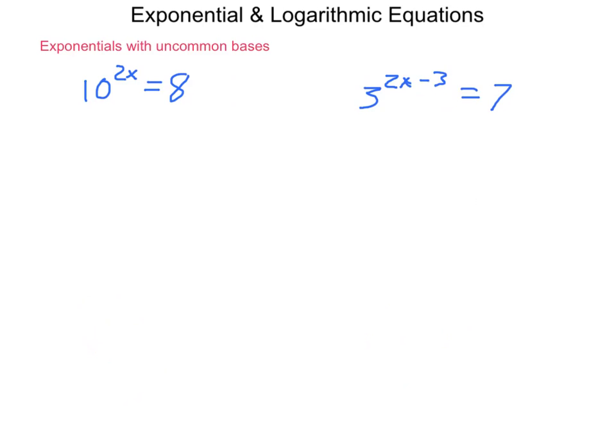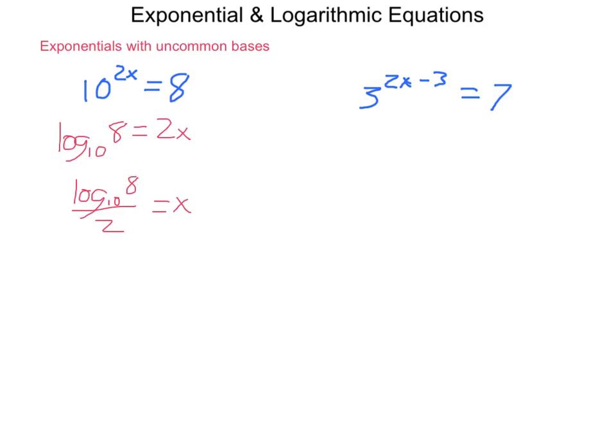If I have 10 to the 2x equals 8, I'm going to have to apply the rules of logarithms. According to logarithms, I can take the log of the base to the answer, and that equals my exponent. Now, solving this for x, I'll divide by 2. So I have log base 10 of 8 divided by 2 equals x, after which this becomes calculator work.